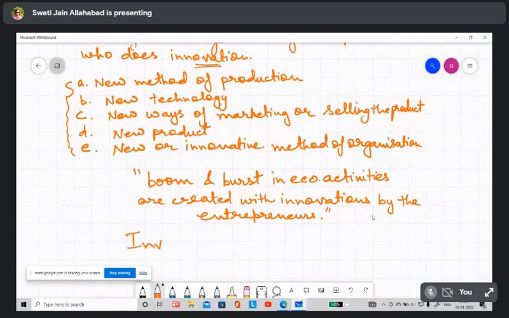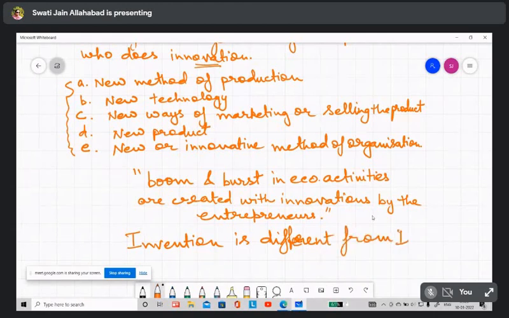Invention is different from innovation. So Schumpeter is talking about innovation, not invention. Inventions do not create business cycles, but innovations do create business cycles.